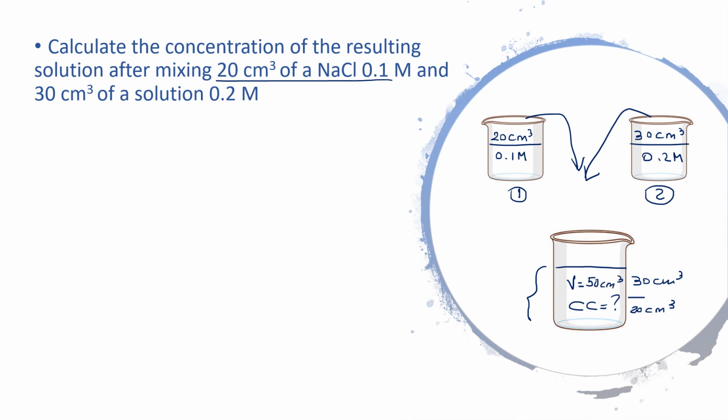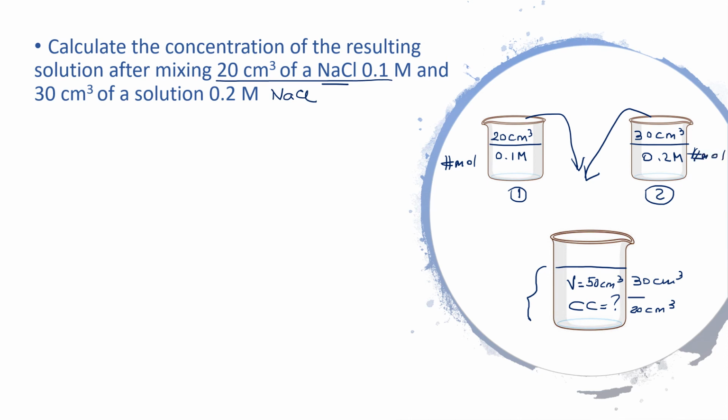Okay, now the other thing that I need to calculate the concentration is the number of moles. In this case we have sodium chloride in both. So I need to calculate how much would be the concentration. For that, I need to calculate first the number of moles here, and then the number of moles here.